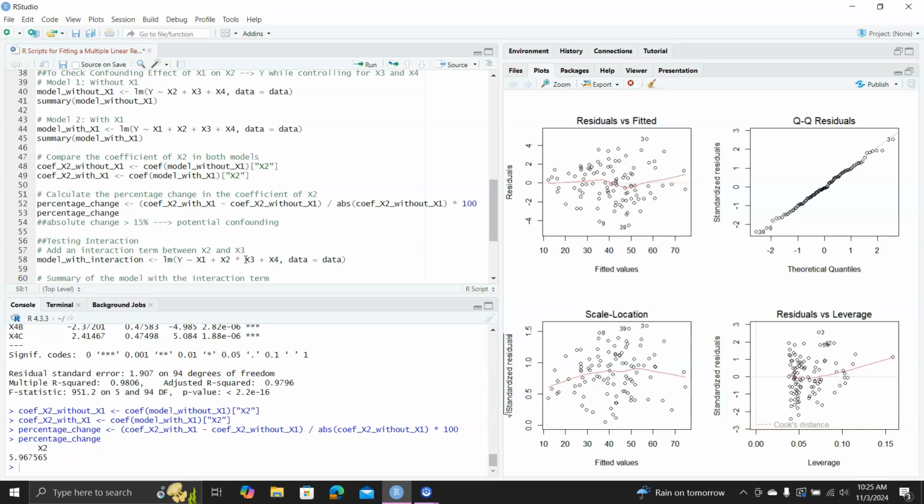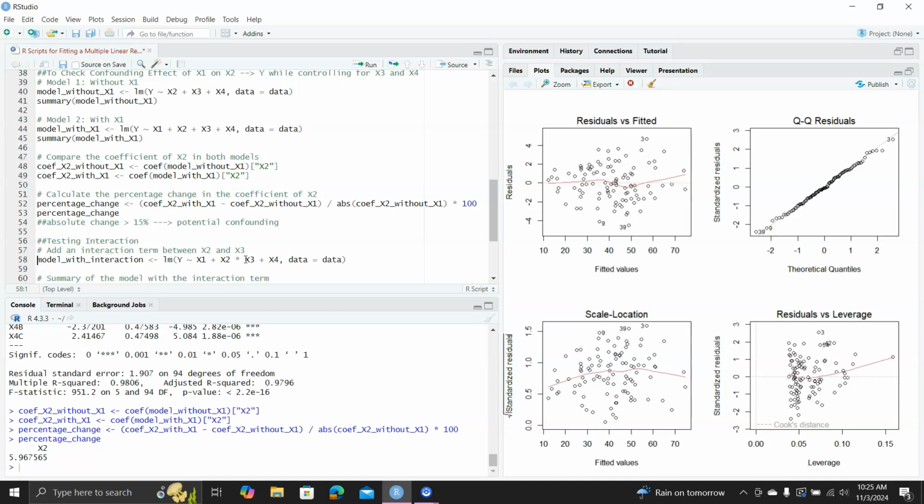So for confounding, there's no hypothesis test. We can only do checking using the absolute relative change of the beta coefficient, okay, with and without a potential confounder. But for interaction, we can actually do a hypothesis test.